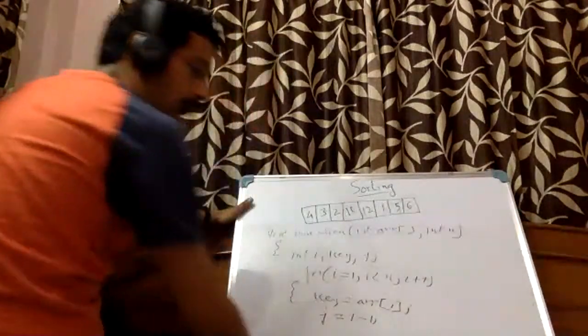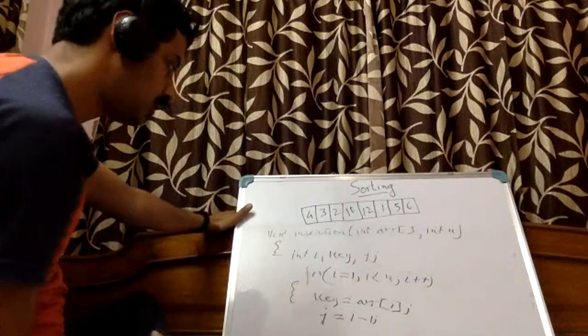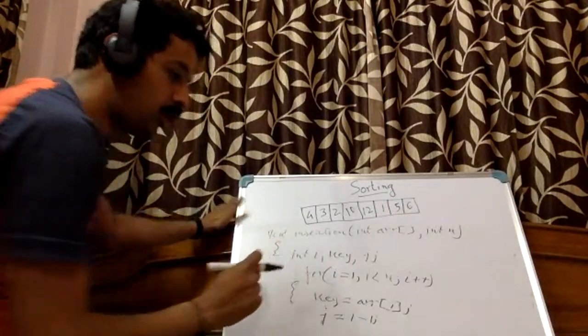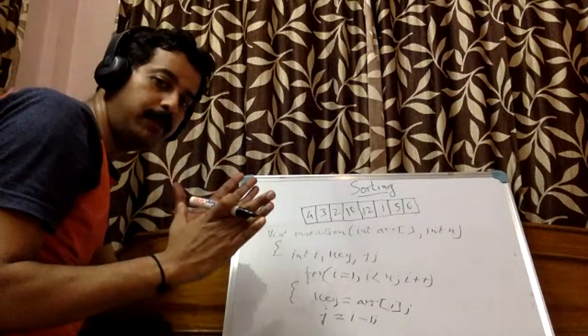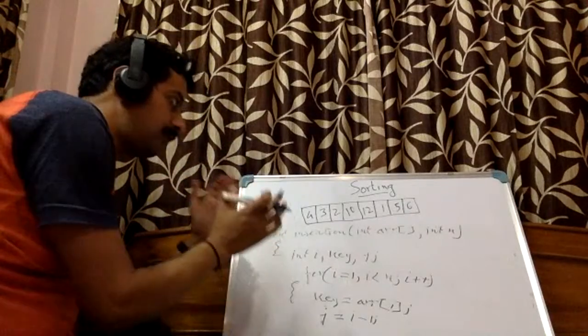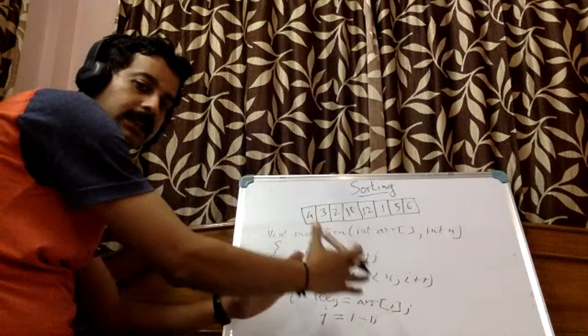Inside this for loop, I have to use one while loop. While loop, why? Because I have to compare that particular value to the previous one and the next one.